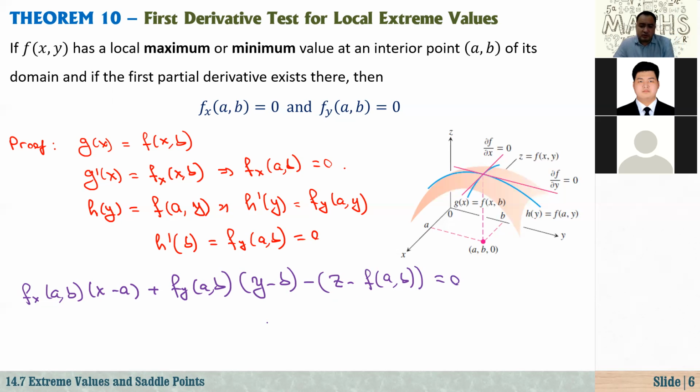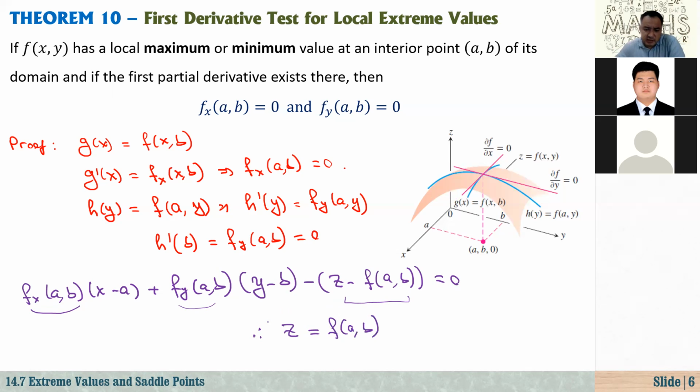Now fx(a, b) is equal to 0 and fy(a, b) is equal to 0. So since this equation is equal to 0, z minus f(a, b) must be equal to 0, which means that z is equal to f(a, b).